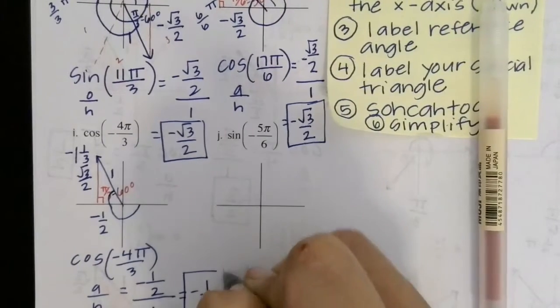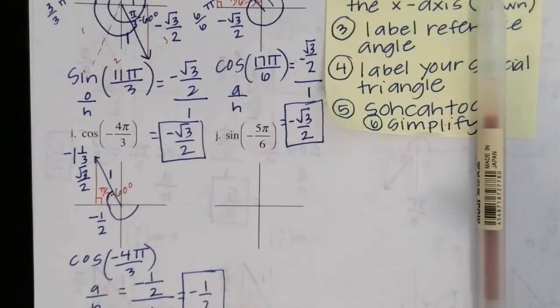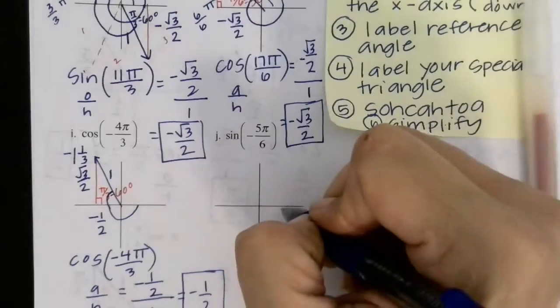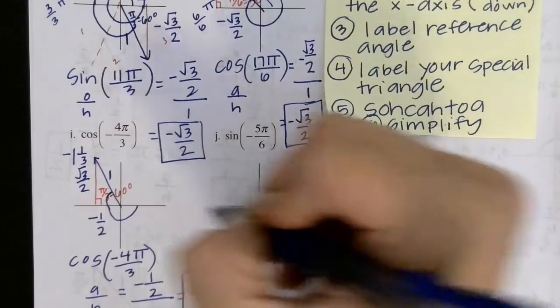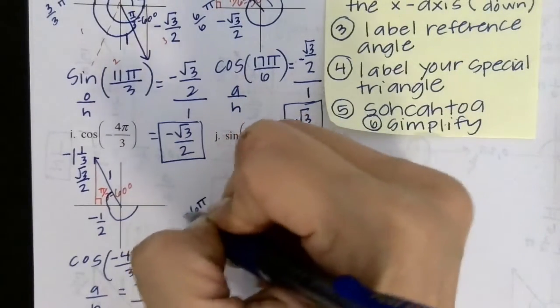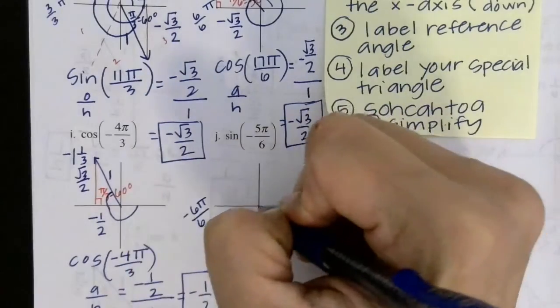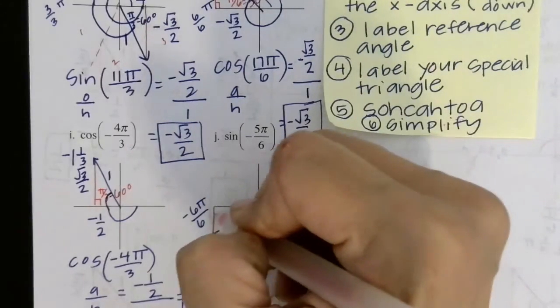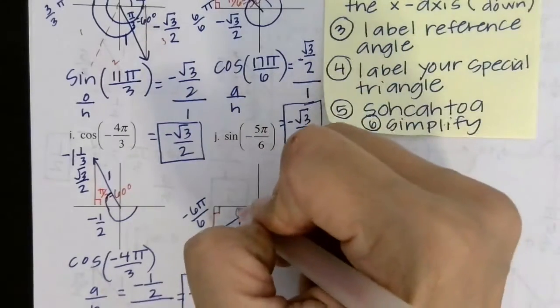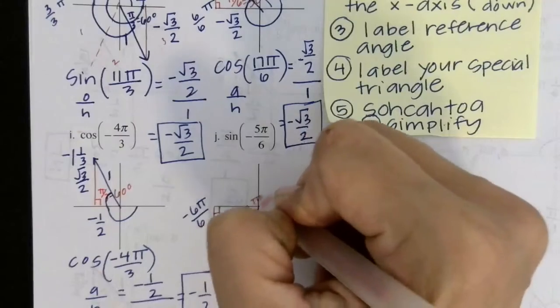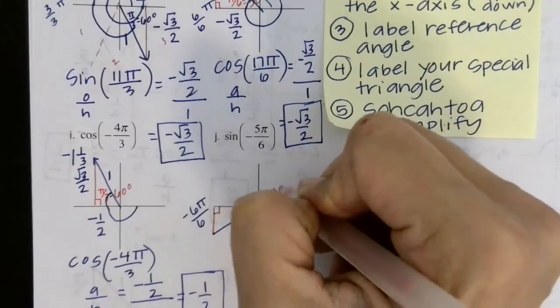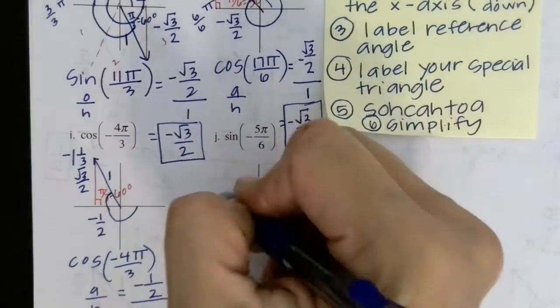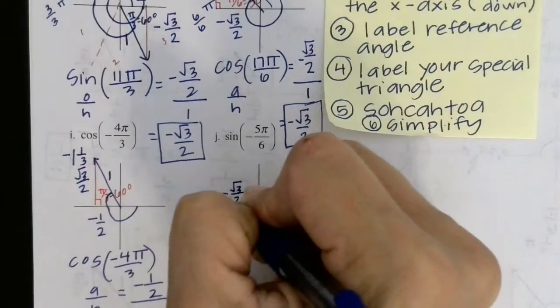The sine is super important. Sine of negative 5 pi over 6, not quite to negative 6 pi out of 6, right? So it's going to be like right there. Make your reference triangle. This is theta. It's going to be pi over 6, which is 30 degrees. We're going to label this negative root 3 over 2.